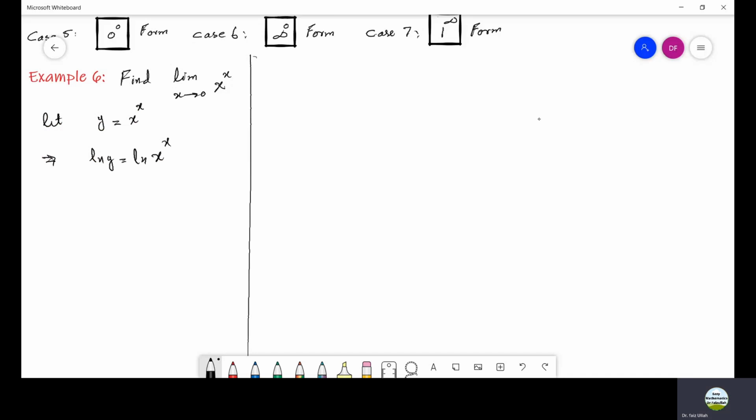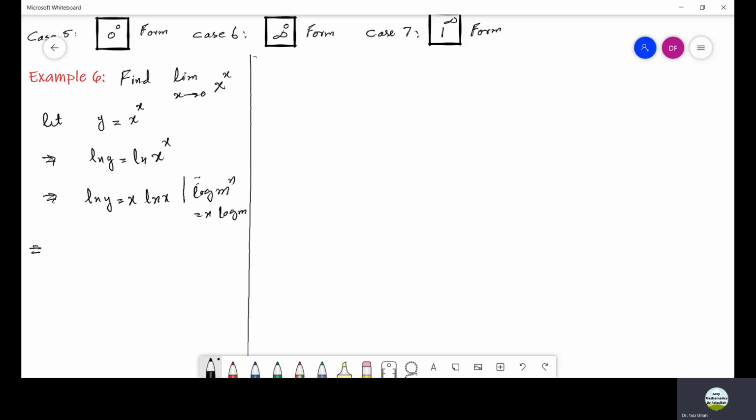So now we can use the rule of logarithm. According to that rule, we write x ln x. Let us write the rule here. Log m power n is equal to n log m.